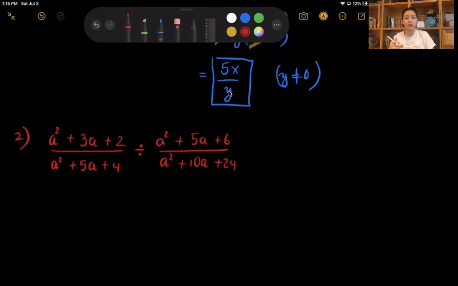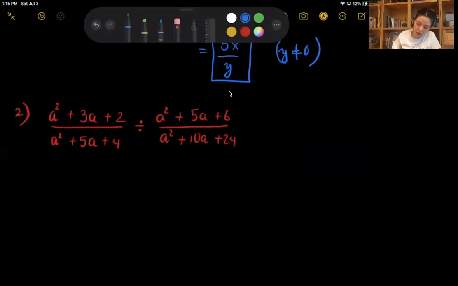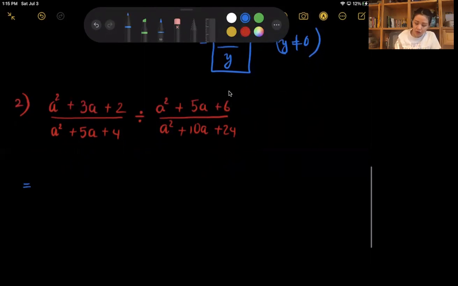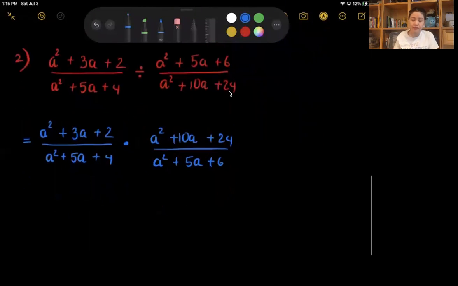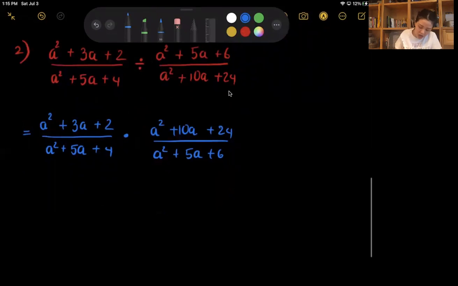And again, flip and multiply, right? So for the first fraction, I'm going to leave it like that, a squared plus 3a plus 2 divided by a squared plus 5a plus 4. Now multiply, we'll flip the second fraction. Now the bottom becomes the top, so a squared plus 10a plus 24 divided by a squared plus 5a plus 6. And now I can factor, right?